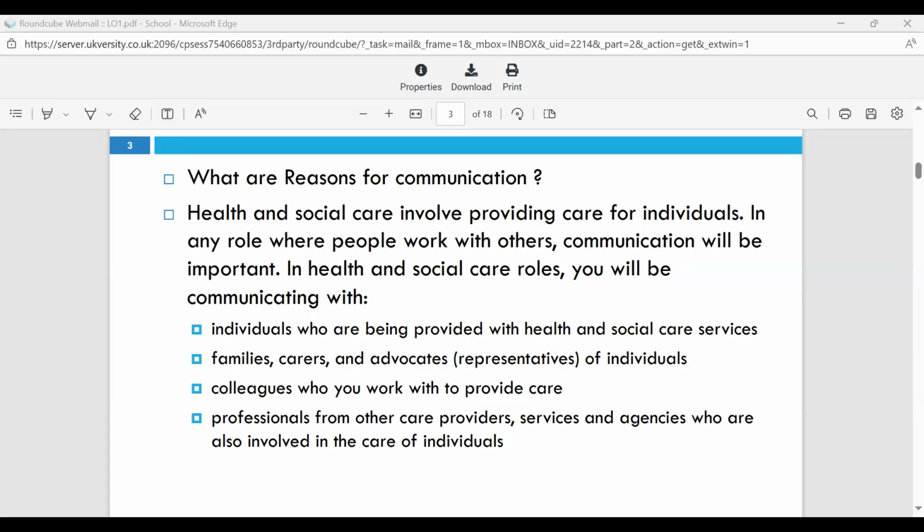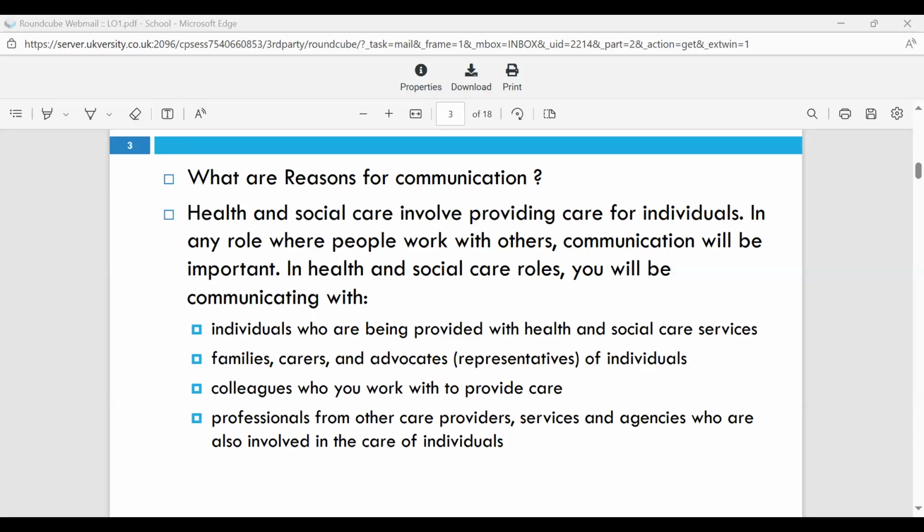In health and social care, you have to communicate with different people from different backgrounds. It might be doctors, nurses, your colleagues, agencies outside, other radiotherapists, or families of the patient, carers, the patient themselves, an advocate, their friends, or anyone.